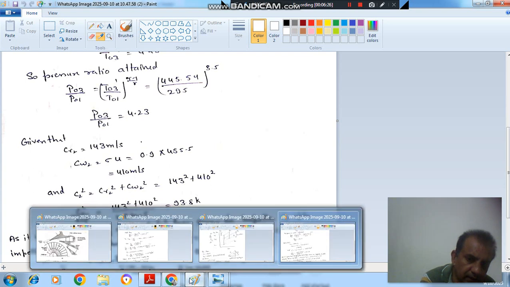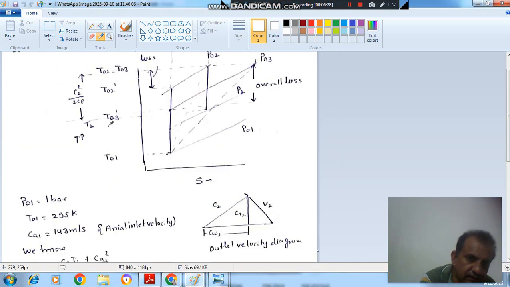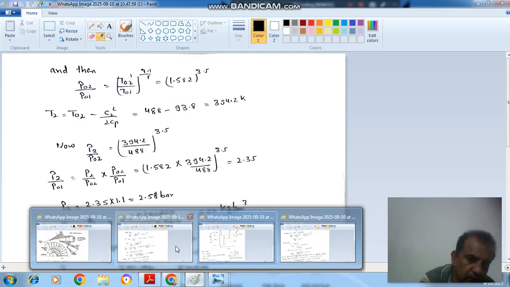And from this diagram we can see that this is the C2 square by 2CP and this is your T02 or T03, and if we subtract this quantity from T03 we can calculate T2. Okay. And if we have calculated T2, we can find out density. So now this is the way to calculate T2.